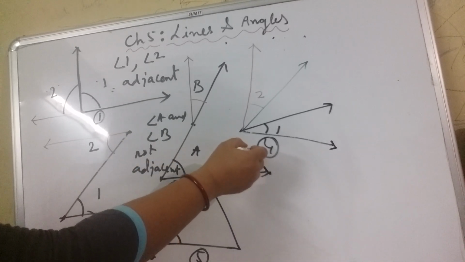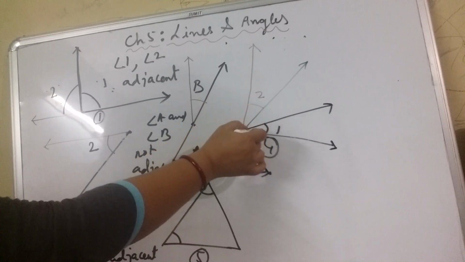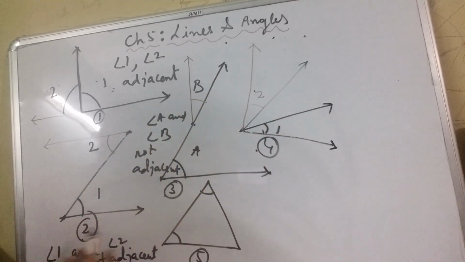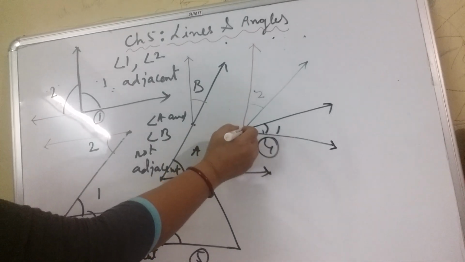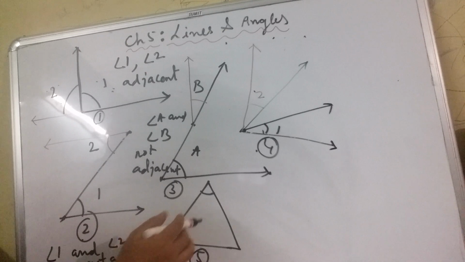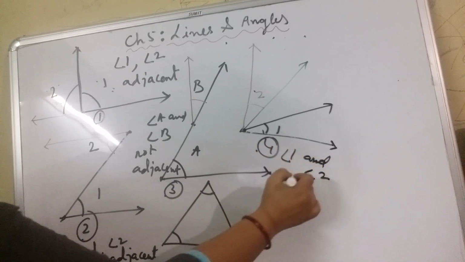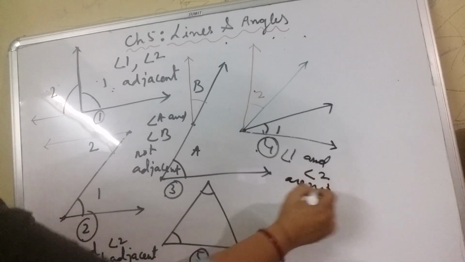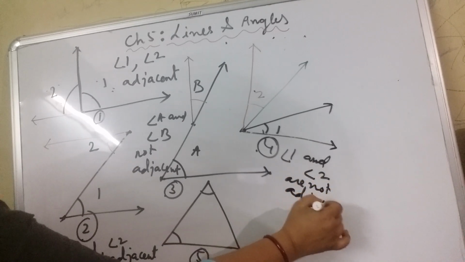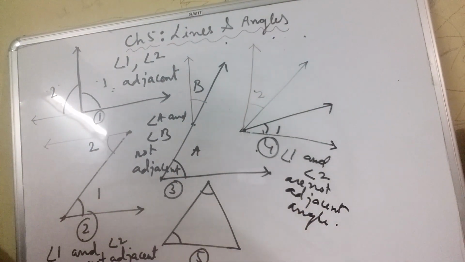Now in diagram 4, angle 1 and angle 2 are not adjacent angles, though they have a common vertex, because they do not have any common arm.